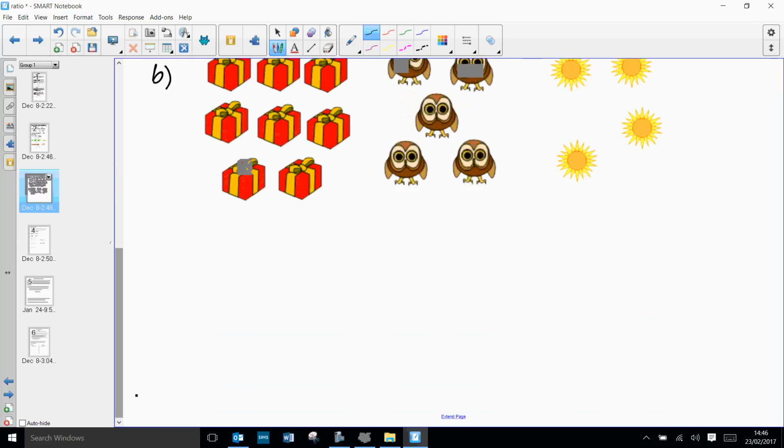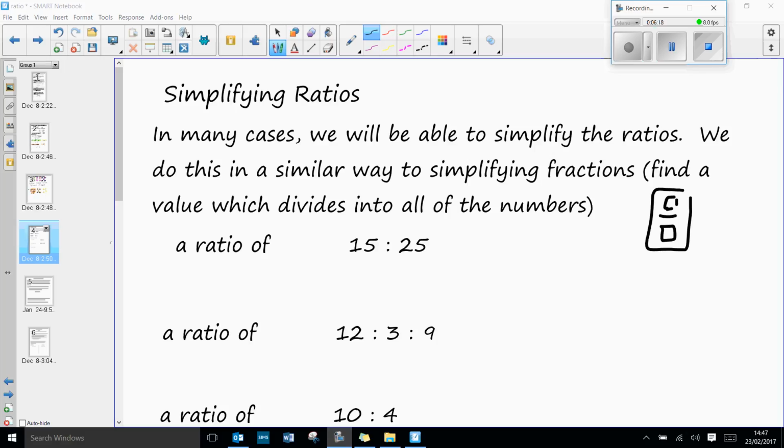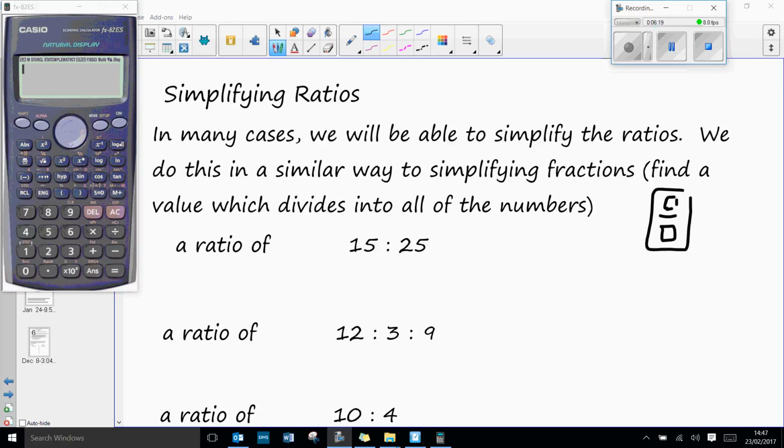Now, simplifying ratios. In many cases, we'll be asked to simplify the ratios. We do this in a similar way to simplifying fractions, and in fact, you can often use your fraction button on your calculator to help you.